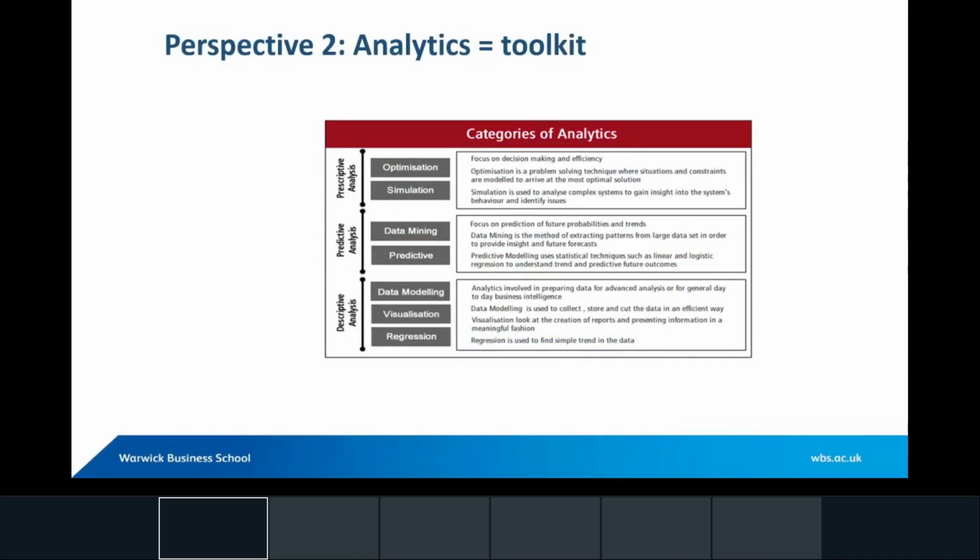They then came up with the notion of predictive analytics, which is essentially saying what could happen next. So techniques such as data mining and predictive approaches, some regression approaches, forecasting approaches are about wanting to understand what happens next.